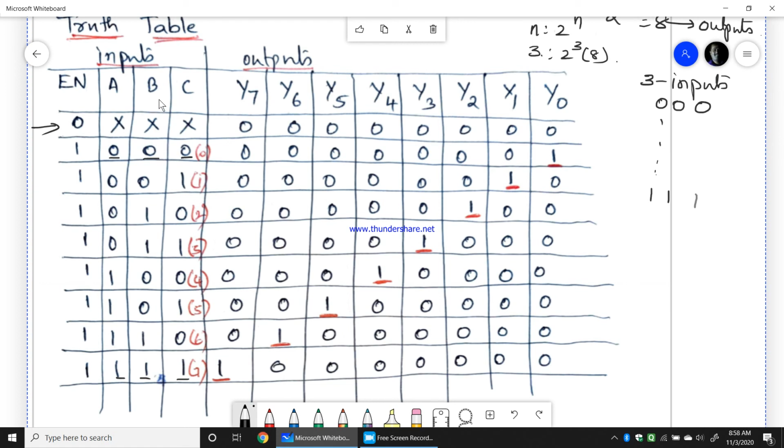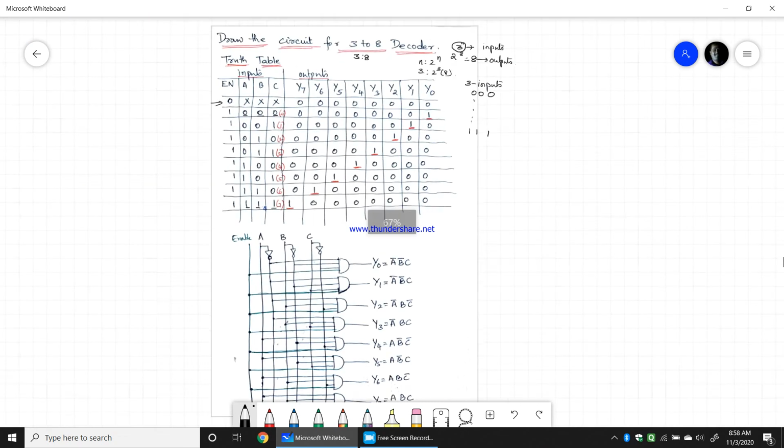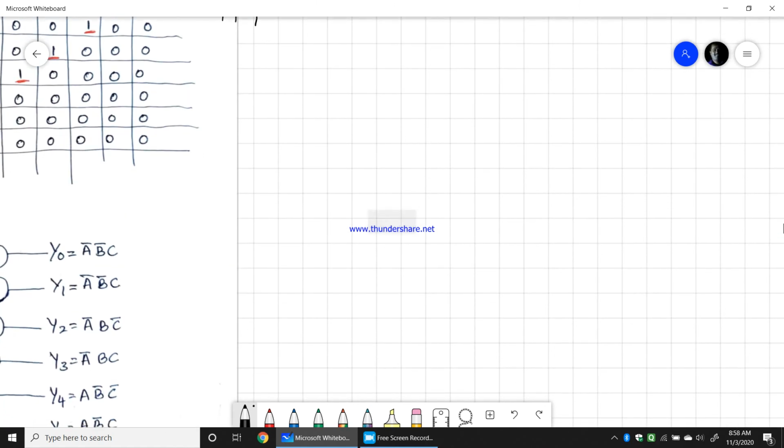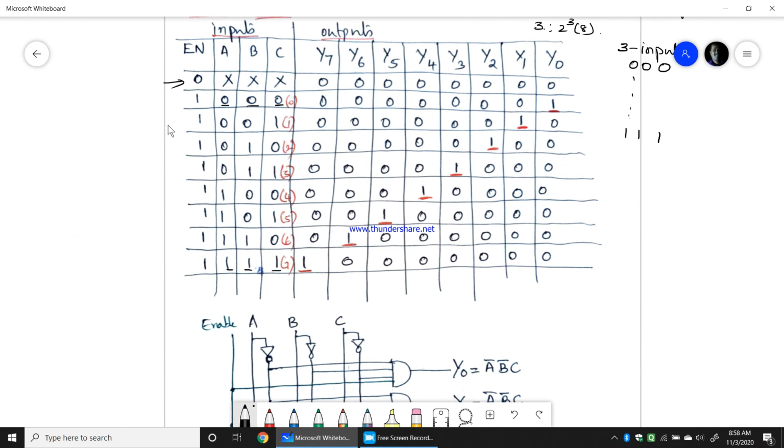Like before, in the same way, if the enable pin is disabled, all output lines are disabled. For the ABC value to be considered, I need the enable inputs to be all 1.